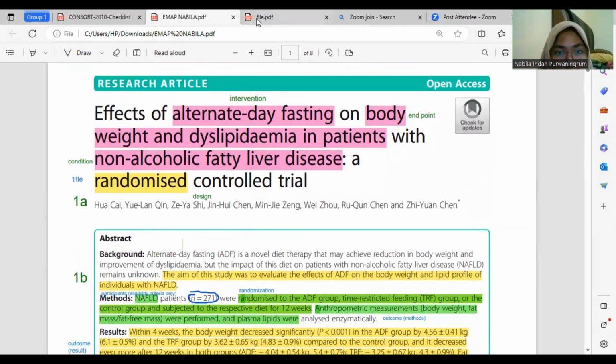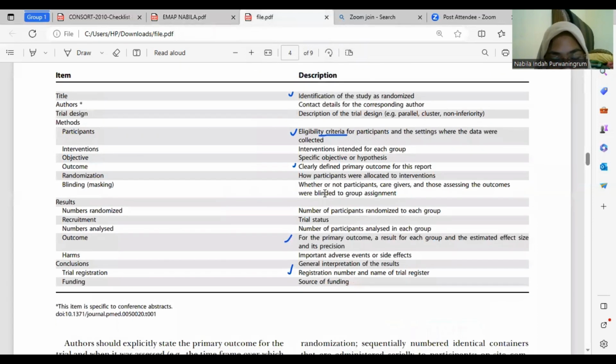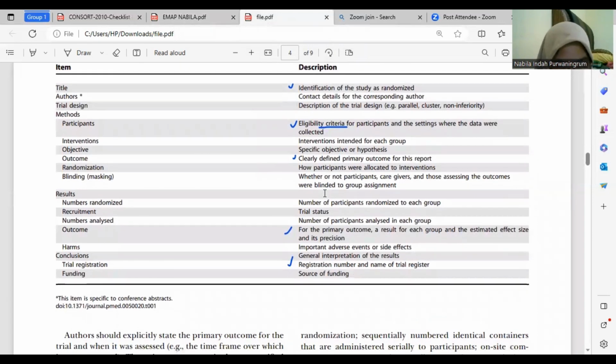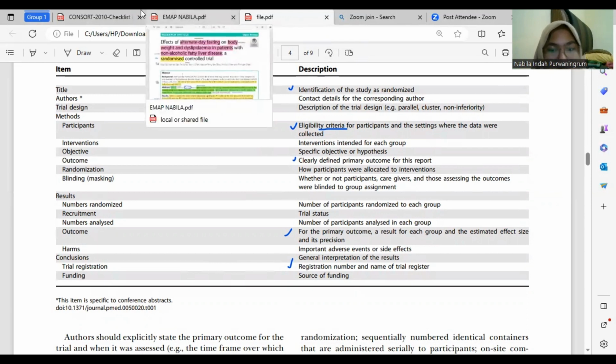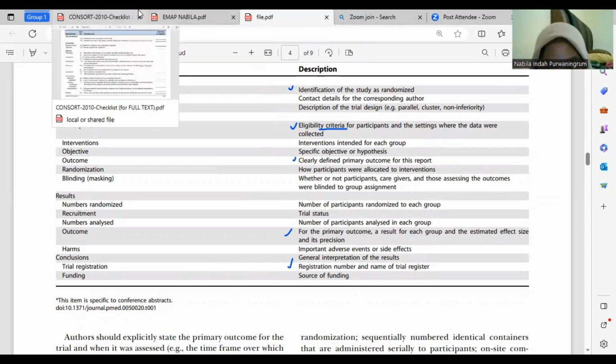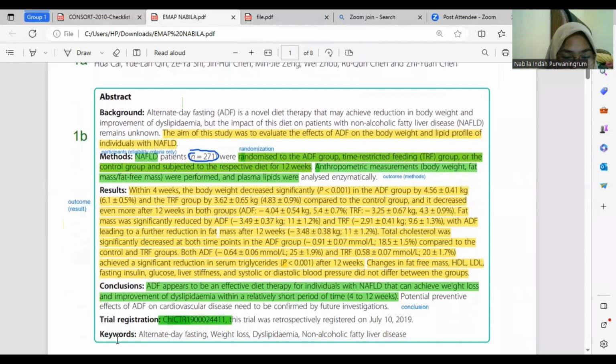Oh, there's a conclusion here, but I'm so sorry, I didn't put it in the checklist. The conclusion is the general interpretation of the results. Yes, we have it here. Here is the conclusion. The conclusion in this article only contains one sentence, and that's it.